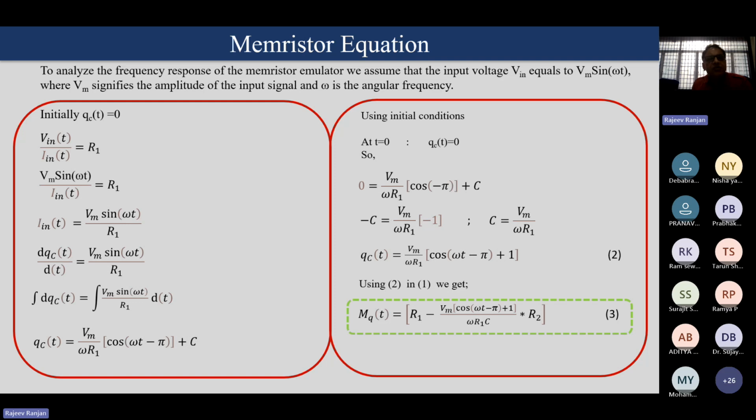So qc(t) equals Vm upon omega R1 times one minus cos omega t. Substituting, we get M(t) equal to R1 minus Vm (1 minus cos omega t) upon omega R1 C into R2. This is the derived Memristor equation based on MOCCII.